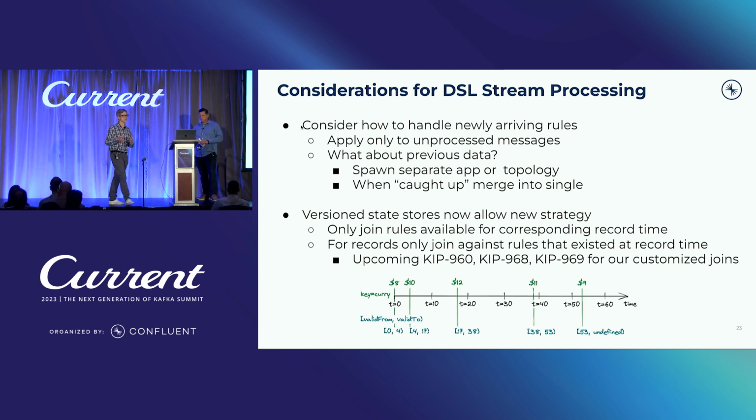Now, for the SIGMA domain, for the cyber domain, you already have historical data going someplace. So typically, that's not an ask that we've got: can you start at the beginning? But if you did, there are two ways you can approach it. One is you can spawn a separate app, or you can create a new topology.